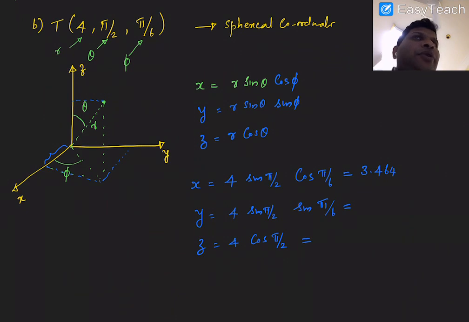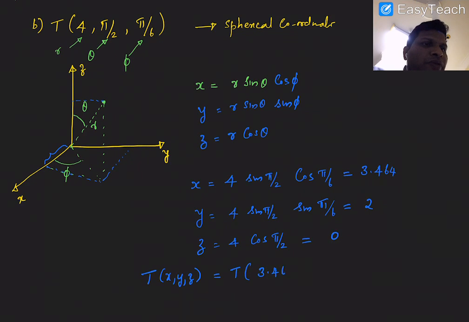So you will get x equal to 3.464, y equal to 2, and z equal to 0, because cosine pi by 2 is equal to 0. So the point T in Cartesian coordinates, that means xyz coordinates, is T of (3.464, 2, 0). So I hope it is clear to you.